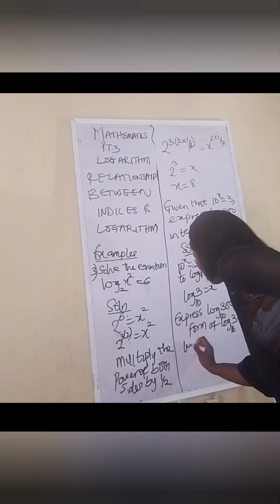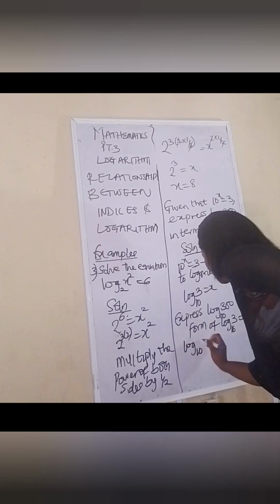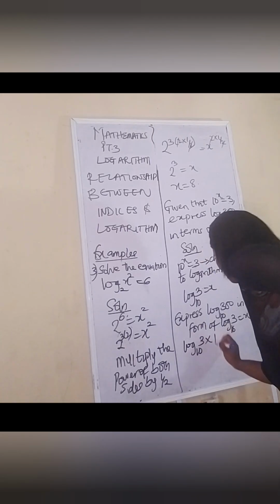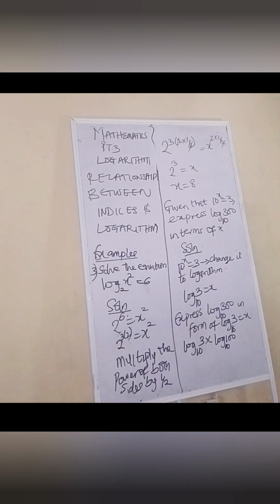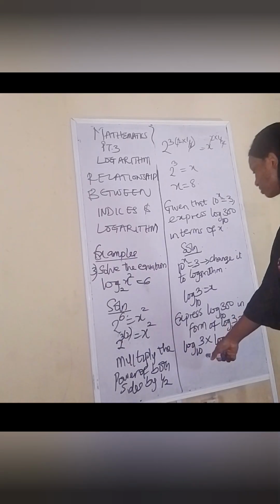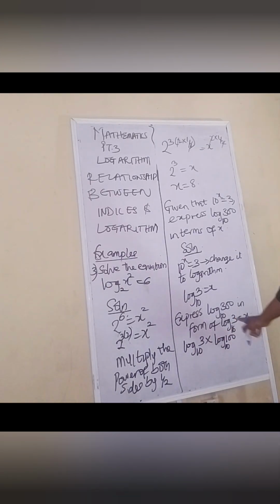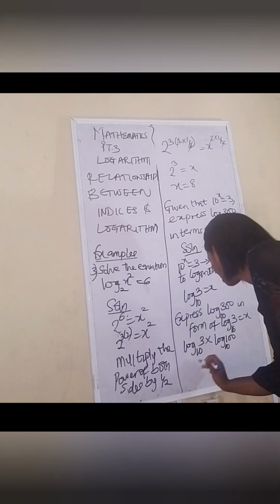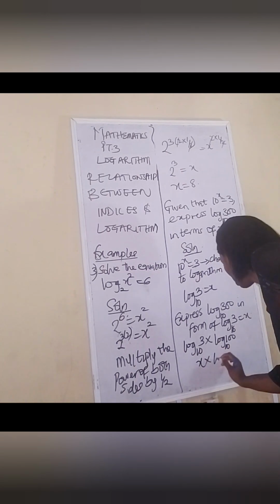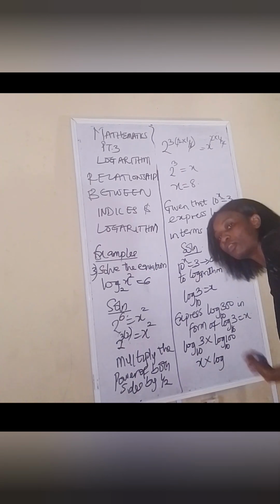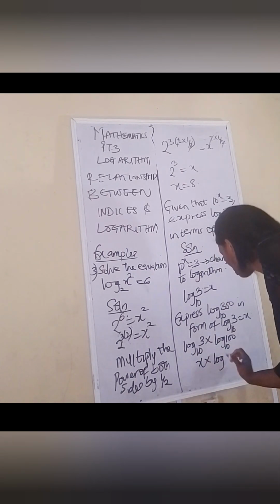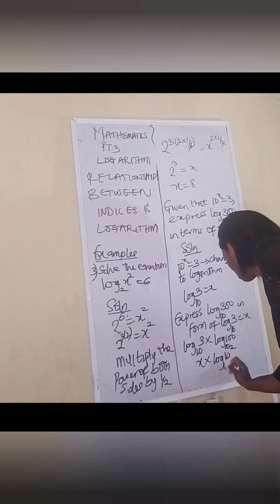So we have log 3 base 10 plus log 100 base 10. So now log 3 base 10 is what? x. So wherever you see log 3 base 10, just impute x. So that's x plus log 100, what gives us 100? 10 raised to the power 2. So that's log 10 raised to the power 2 base 10.